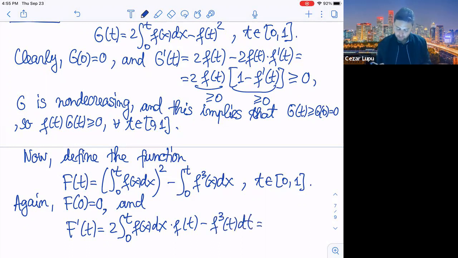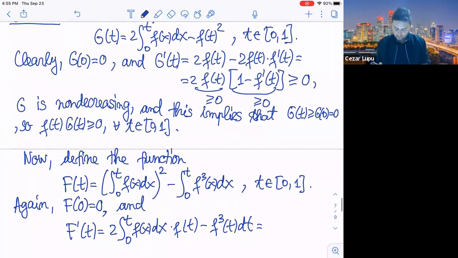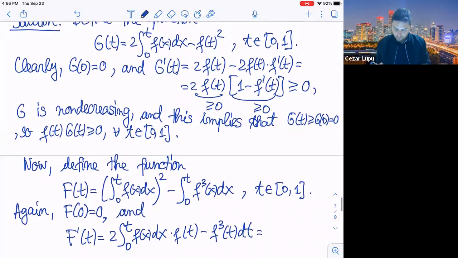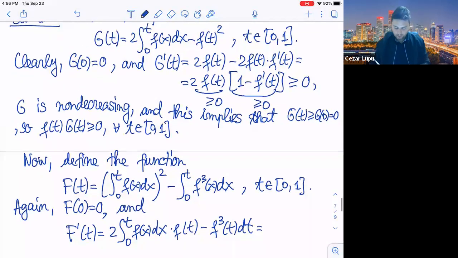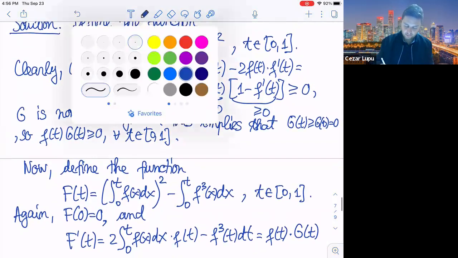If we factor here, we can write this as f of t times g of t, where g is the function that we defined in the first place.